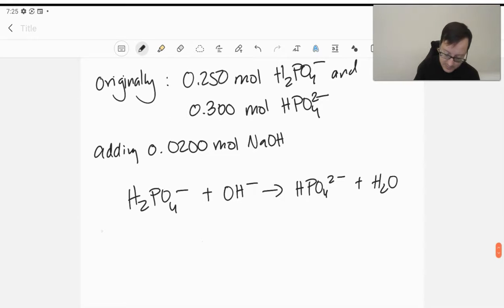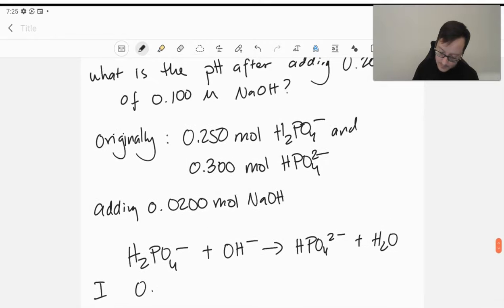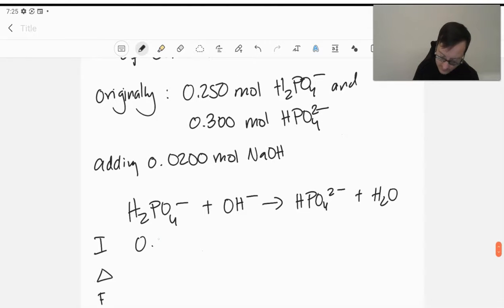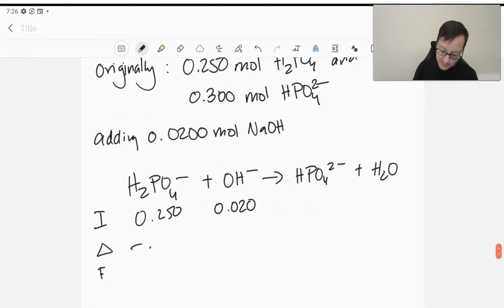So we can use an initial, change, final table here, not really an ICE table because this isn't an equilibrium. This is a straightforward reaction. Weak acid plus strong base is a forward reaction. There's no equilibrium happening here. We have our 0.25 moles to start, and we're going to subtract our 0.02 moles.